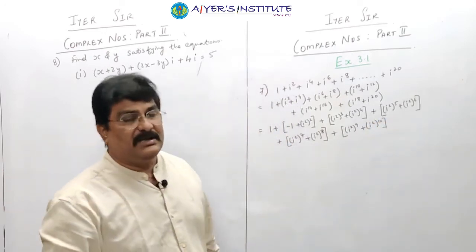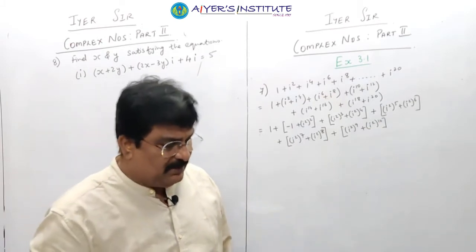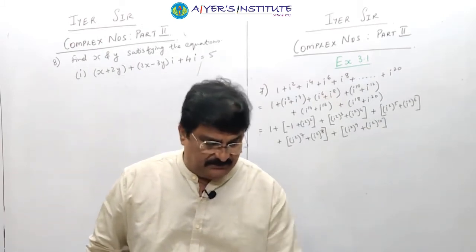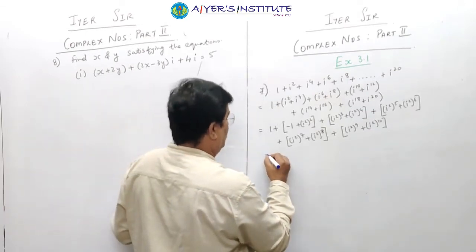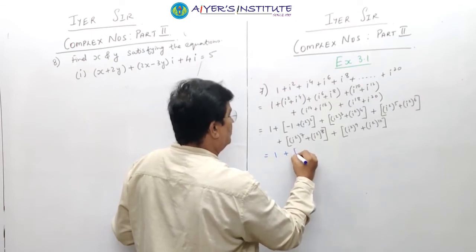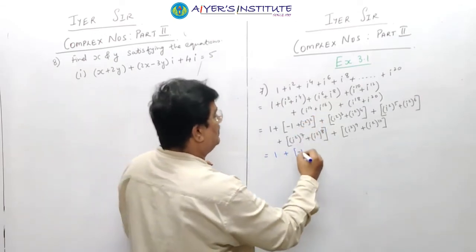So in this case, i square raised to an odd number will be -1 and i square raised to an even number will be +1. So here we can see 1 plus -1 raised to 2, so this will be +1.